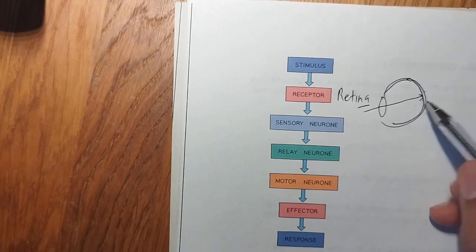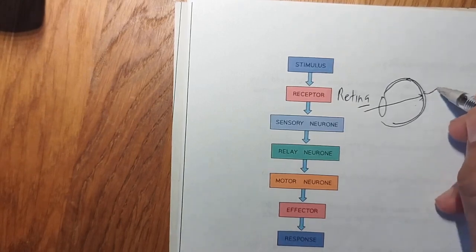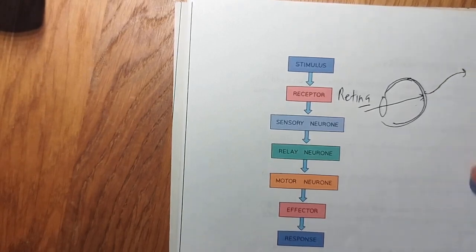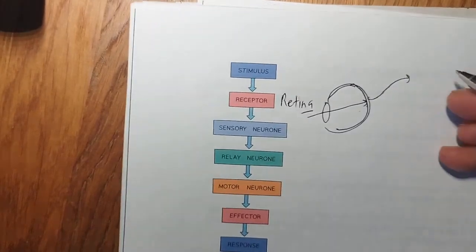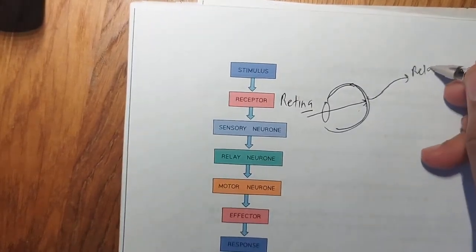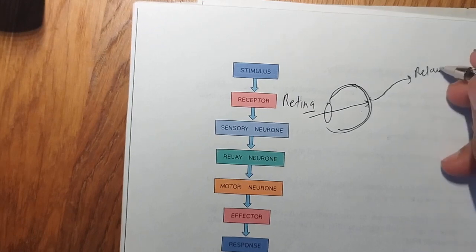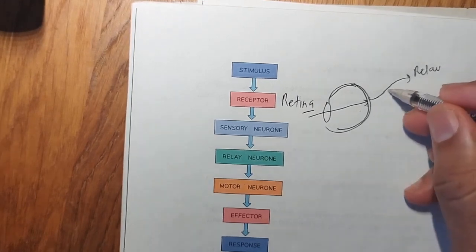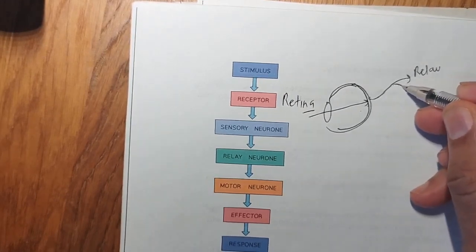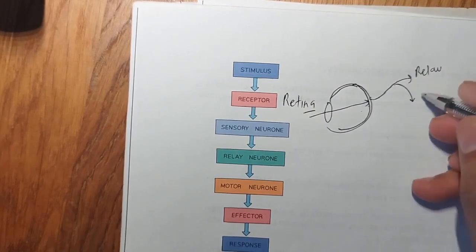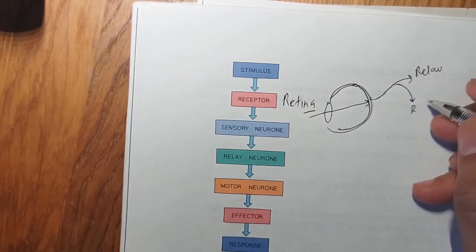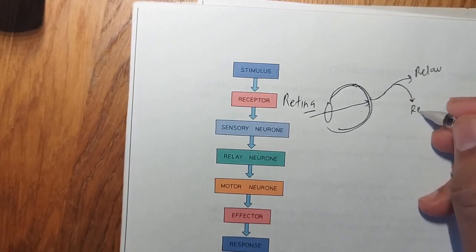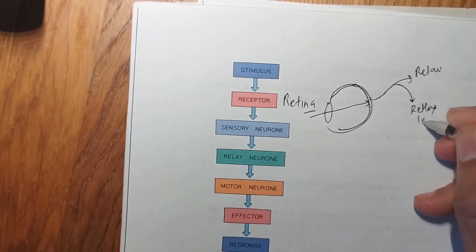From the retina, the sensory neurons go to the brain. In the brain they go to different structures for decision making, but the signal is also sent for the reflex arc for the action to be taken at the reflex level.